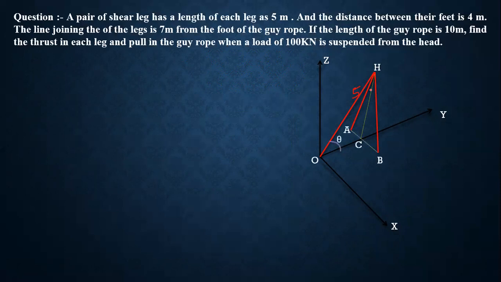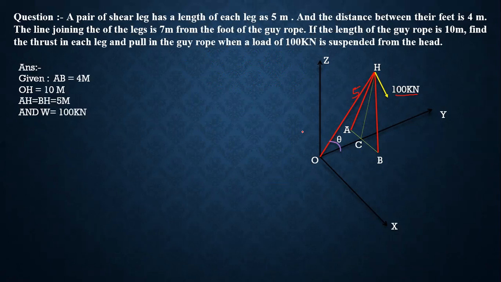Okay, so if we name this figure, and 100 kilonewton load acts at the head of the shear legs in downward direction. Okay, so first of all we write like this.